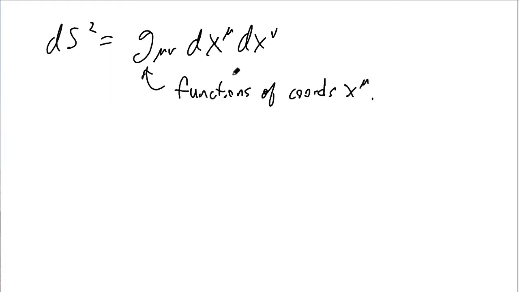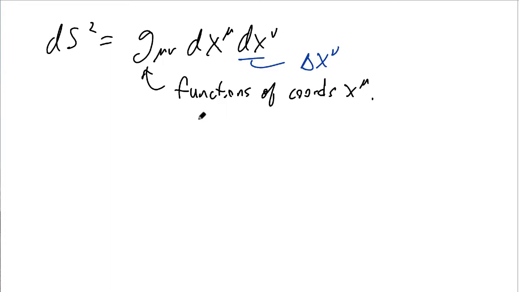The way we've always interpreted line elements is to view the dx's as really delta x mu or delta x nu. So these are small changes in coordinates between nearby points or nearby events, and then this gives the proper distance or proper time separation between those events.